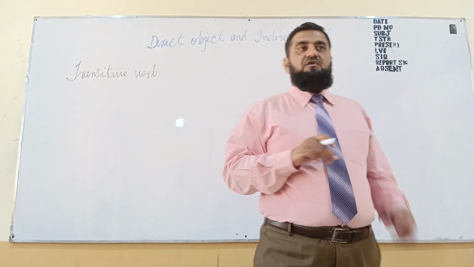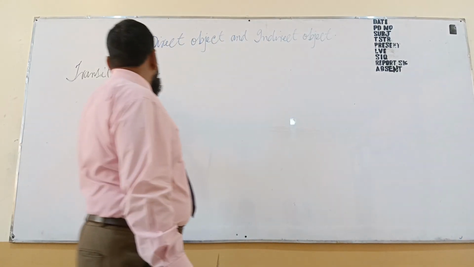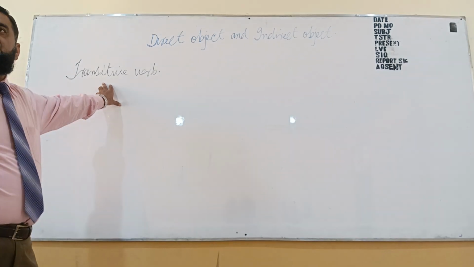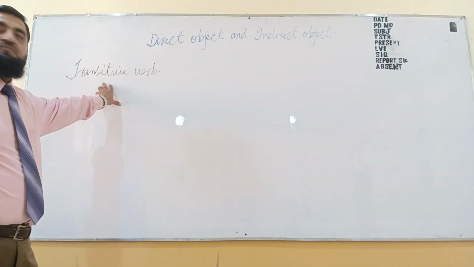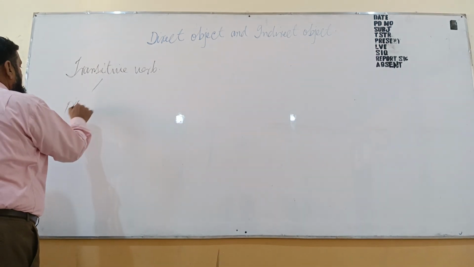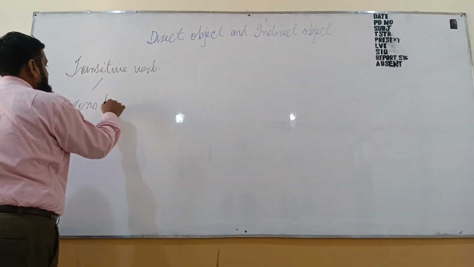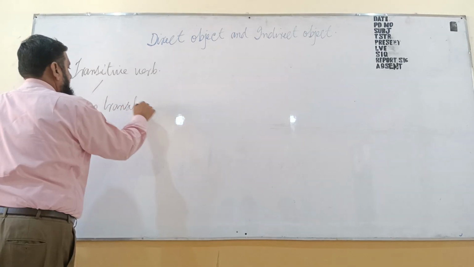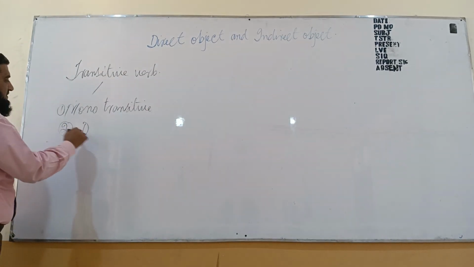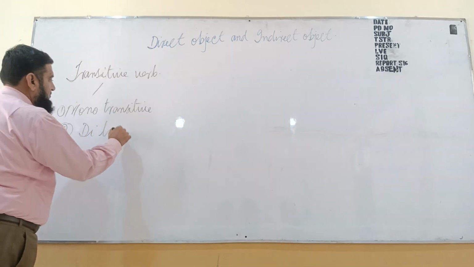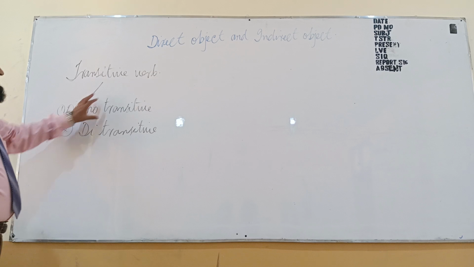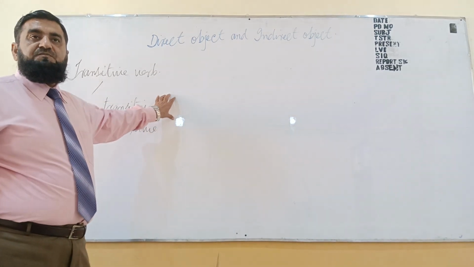So there is a kind of verb which we will call a transitive verb. A transitive verb needs an object. It contains two kinds. One is called monotransitive, another is called ditransitive. Monotransitive is a verb which needs a single object.